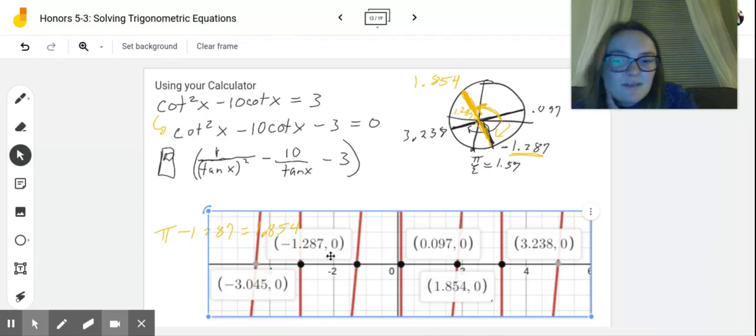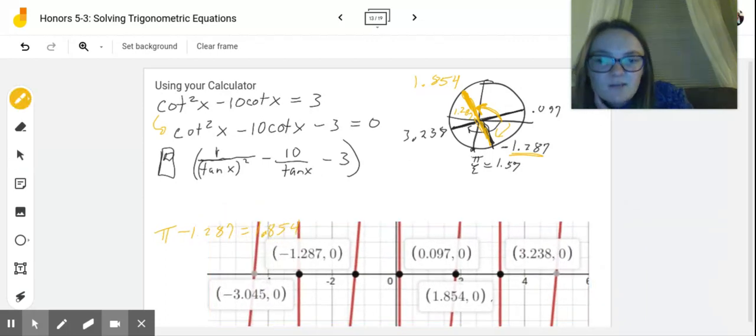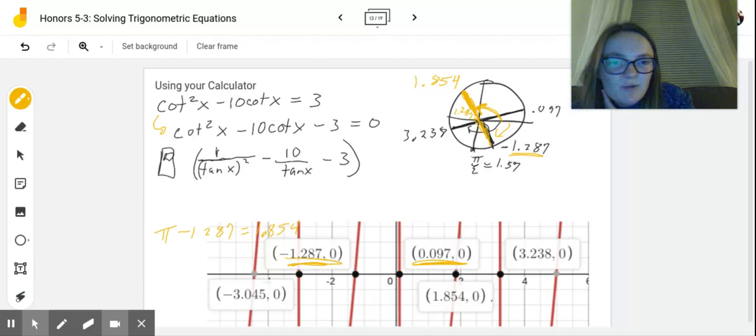These 2 points are going to be my starting points, and they're going to tell me the rest of the solution. So 0.097 is related to this point here, 3.3238, and negative 1.287 is related to this one. Let me look at my graph.